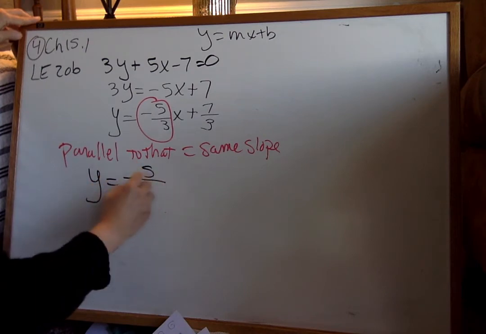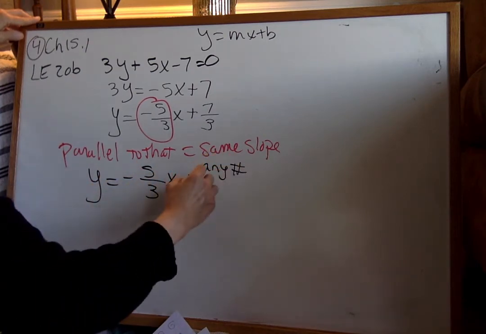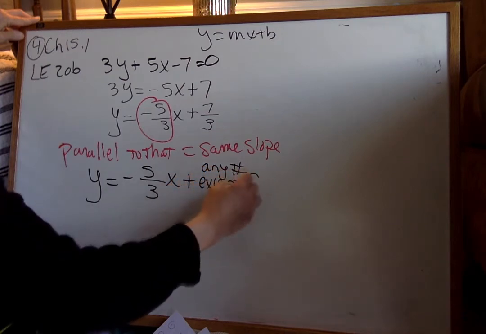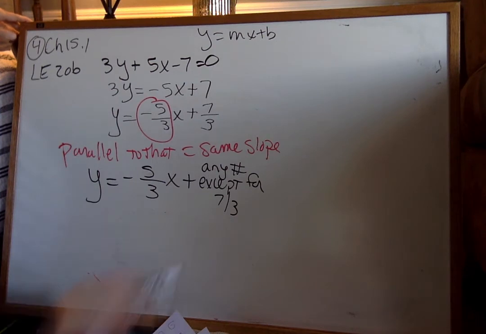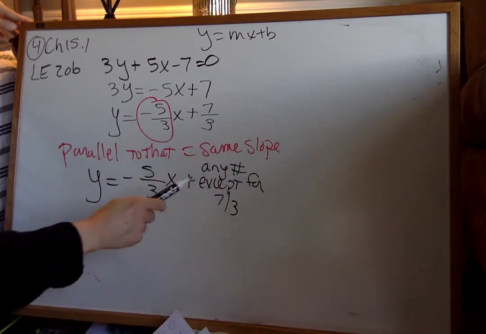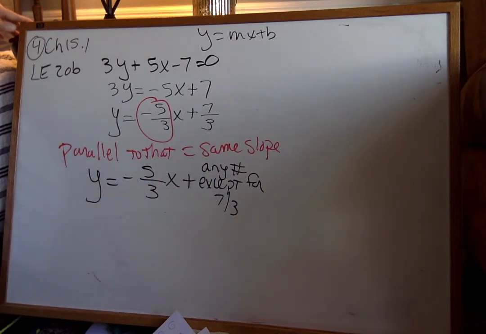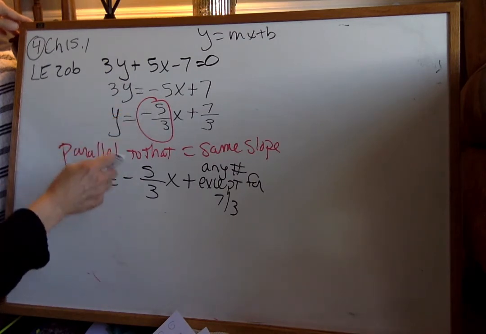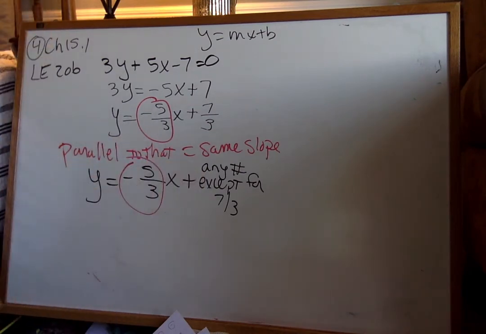So you've got to use the same slope, plus basically any number except for 7/3. So there's actually infinite answers to this. Put a 2, put a 10, put a negative a million. I don't care. You're allowed to use any number right here except 7/3. Because if you use 7/3, you just wrote the line again, and they're not parallel. And there's my negative. Yes, same slope. So yeah, infinite answers. That sometimes confuses students.